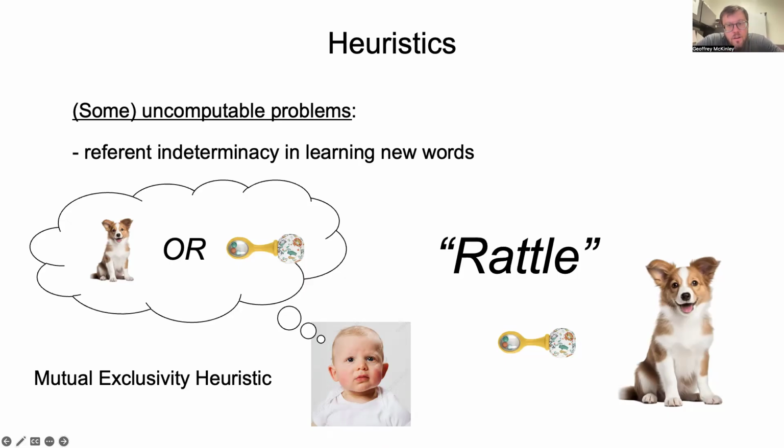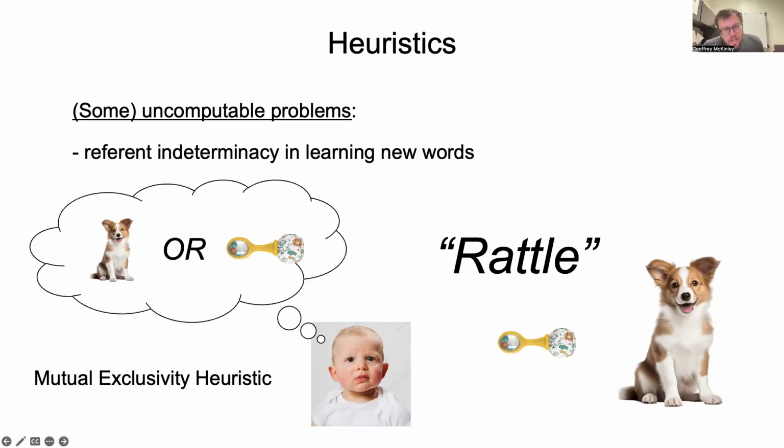For example, if a child knows the word dog and is presented with a dog and an unfamiliar object like a novel toy, and hears the word rattle, they will infer that the word rattle refers to the unfamiliar object rather than assuming it's another word for dog.